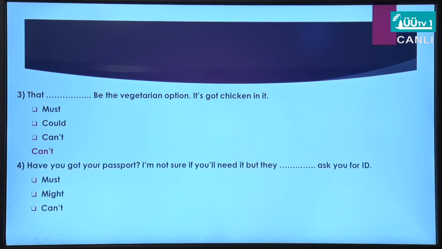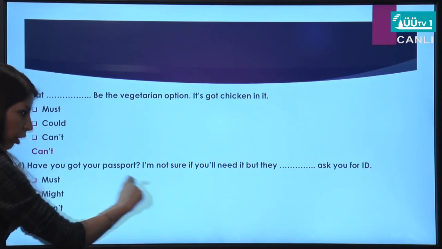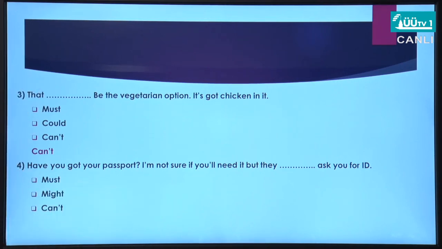And the last one. Have you got your passport? I'm not sure. Be careful about this part. I'm not sure if you will need it, but they must ask you for ID, or they might ask you for ID, or they can't. What do you say? Yes, you're probably right. Might.